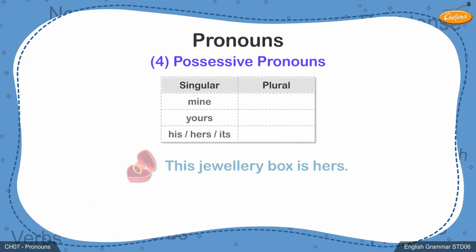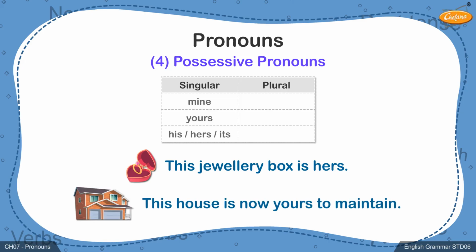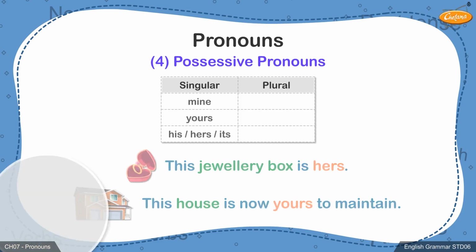For example, this jewelry box is hers. This house is now yours to maintain. As you will observe, the pronouns hers and yours show that the jewelry box belongs to the girl and the house belongs to the boy.